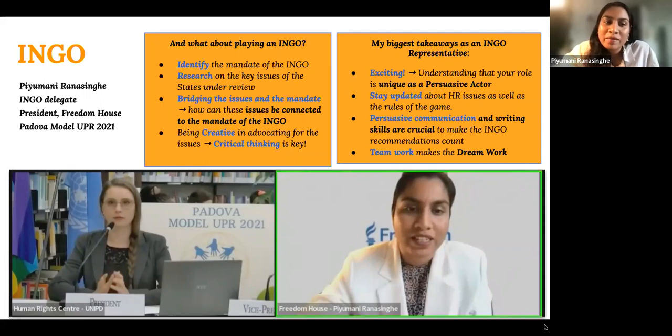At the same time, you have to be creative to work through your mandate in the INGO. For instance, last year we represented Freedom House, and a lot of the issues for the states were child rights or women's rights.